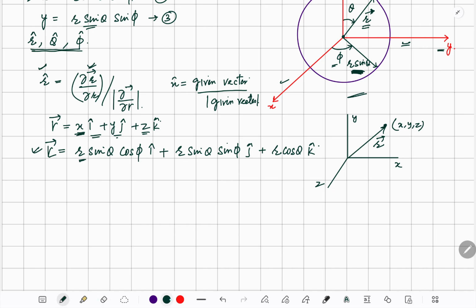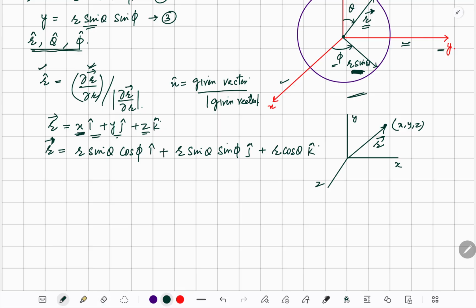It's the same vector. Now this r vector is the same position vector. I hope you understand this r. This is simply the position vector.